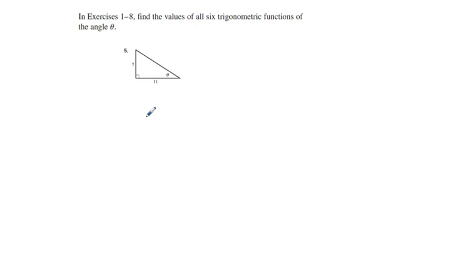Next, problem 5. We have this triangle. In this case, we have our theta over here in the lower right corner, but it's the same principle. We draw an arrow opposite. So 7 is our opposite side, and our adjacent side is down below, which is 11, and our hypotenuse is always our longest side, which we do what?